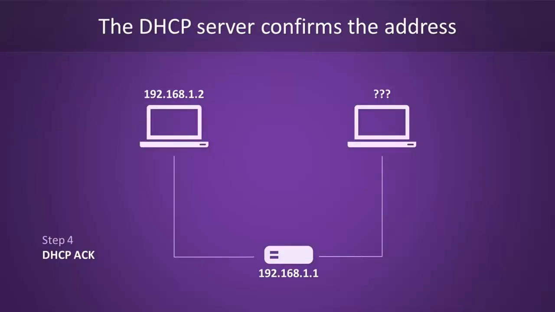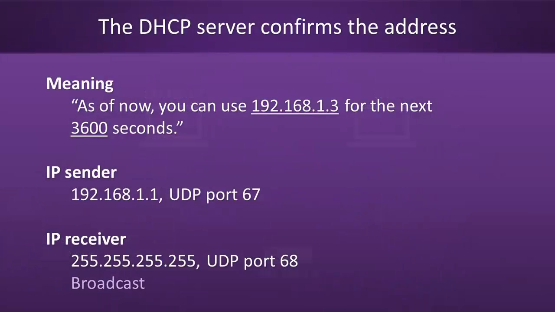We're down to the fourth and final step now. This one's called DHCP ACK, where the ACK stands for acknowledgement. In this step, the DHCP server will confirm to the host that it can start using the address. Like in all other steps, this message will also be broadcast. Loosely speaking, a DHCP ACK message will confirm that the host can start using the address for the previously specified amount of time.